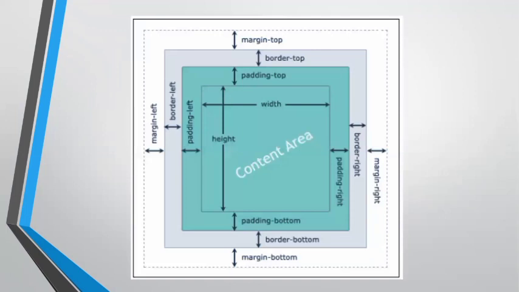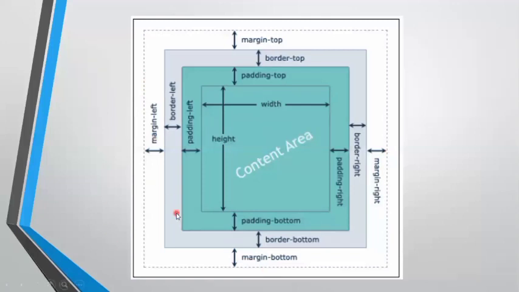Now we will see the basic structure of the box model. The outer layer is the margin layer. You can see margin left, margin top, margin right and margin bottom, so all 4 sides have margin lines.